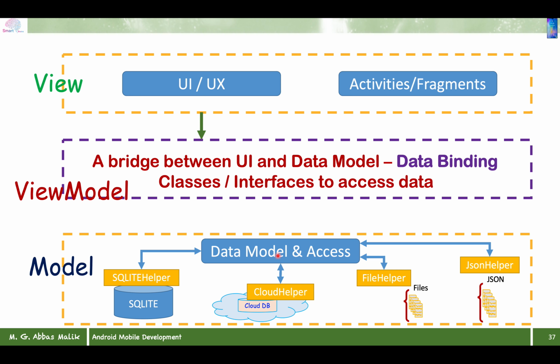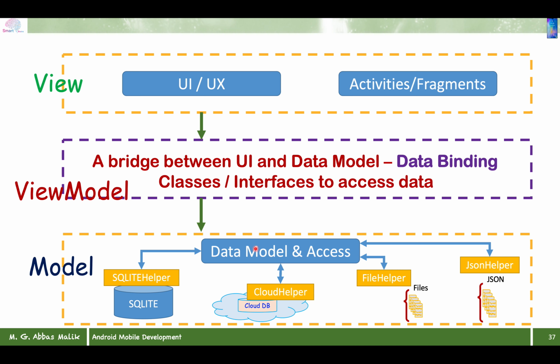The user interface or the activities can send a request to the view model. The view model passes that request on to the data model, and the data model access is based on whatever business logic we have implemented, whether the request is going to fetch the data from the cloud, from the local database, from a file, or from JSON.